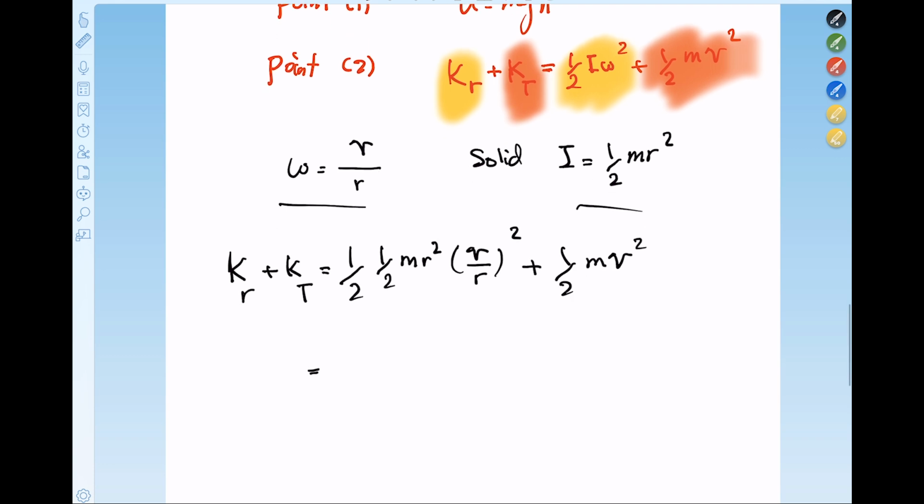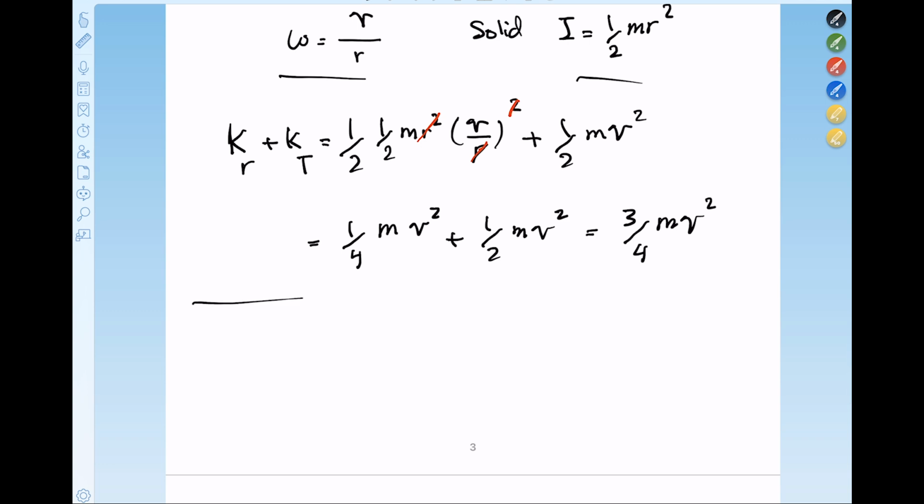Let's see what we have. We can cancel stuff out. This r squared and this r squared cancel out. Half times half is 1 over 4 mv squared, plus half mv squared. So what I have is 3/4 mv squared for a solid cylinder.